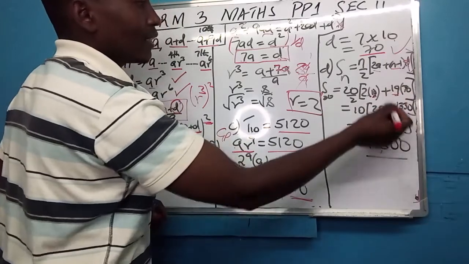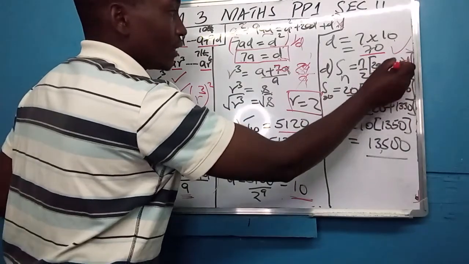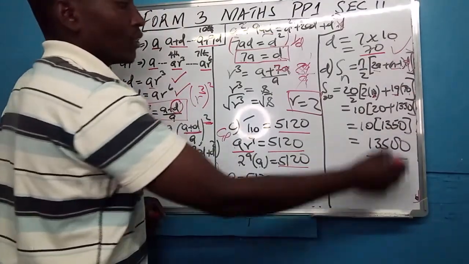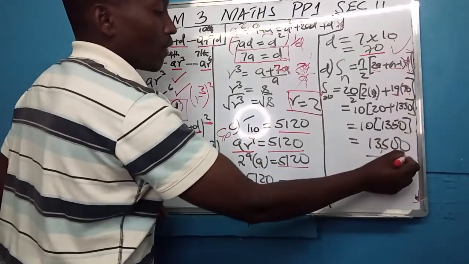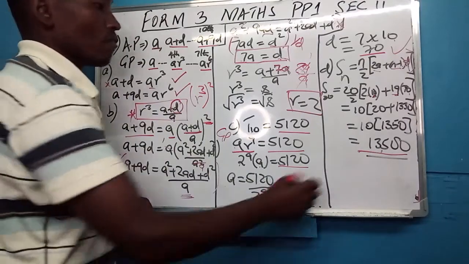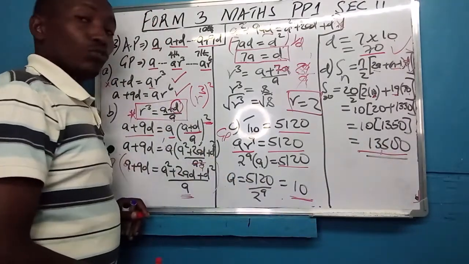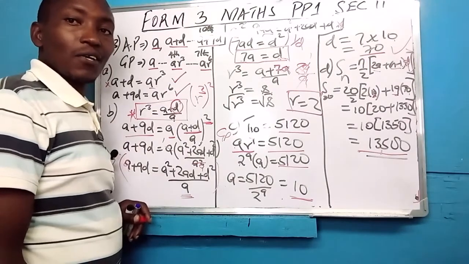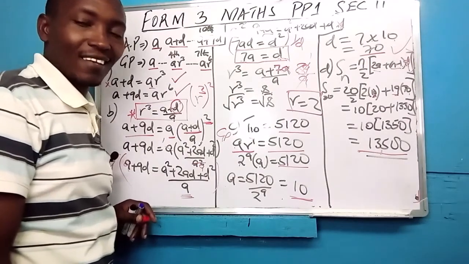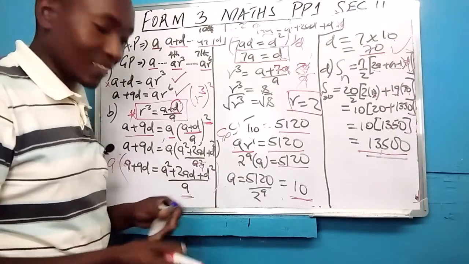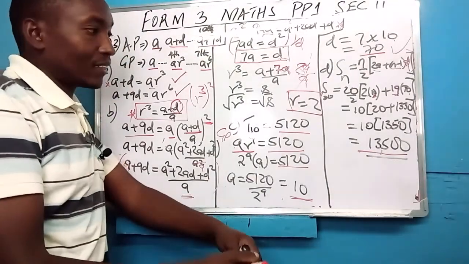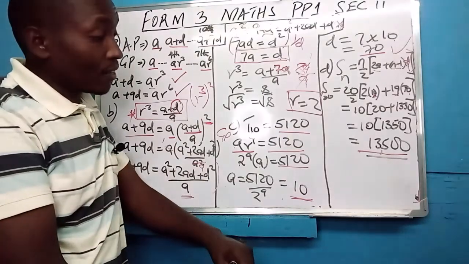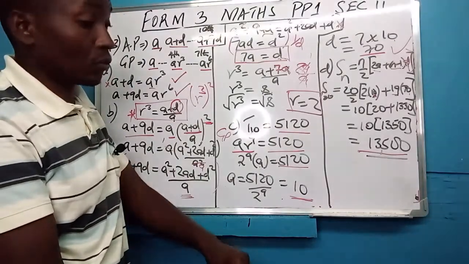Where did I get 19? It is n minus 1, 20 minus 1, 19. Then I get times 70. If you evaluate that, finally you will end up with the sum of the first 20 terms to be 13,500. Wow. This is mathematics. Mathematics is that tough, and it needs tougher people like you. Thank you. Number 23 done.